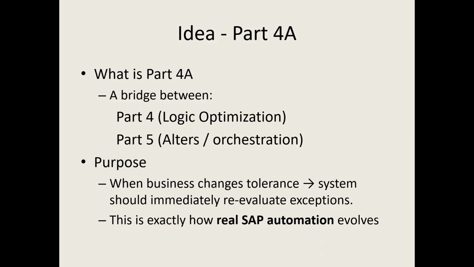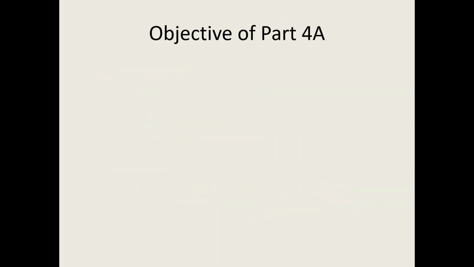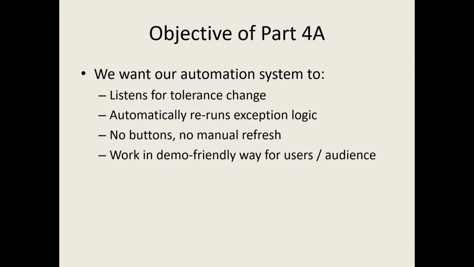The purpose of this part is that when business changes tolerance, the system should immediately reevaluate the exception. And this is exactly how real SAP automation evolves. So let's proceed with that. The objective of part 4A is that we want our automation system to do these things.